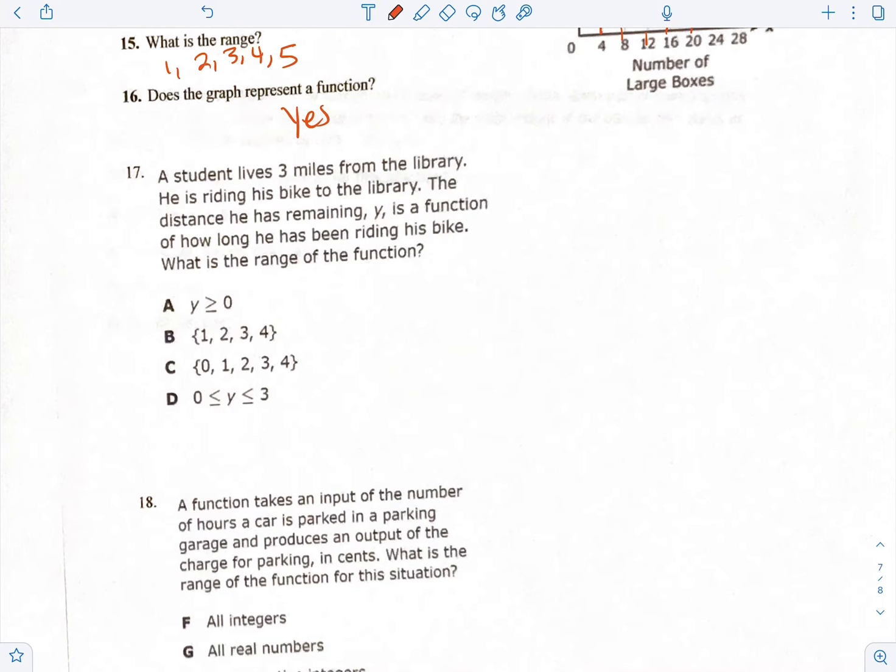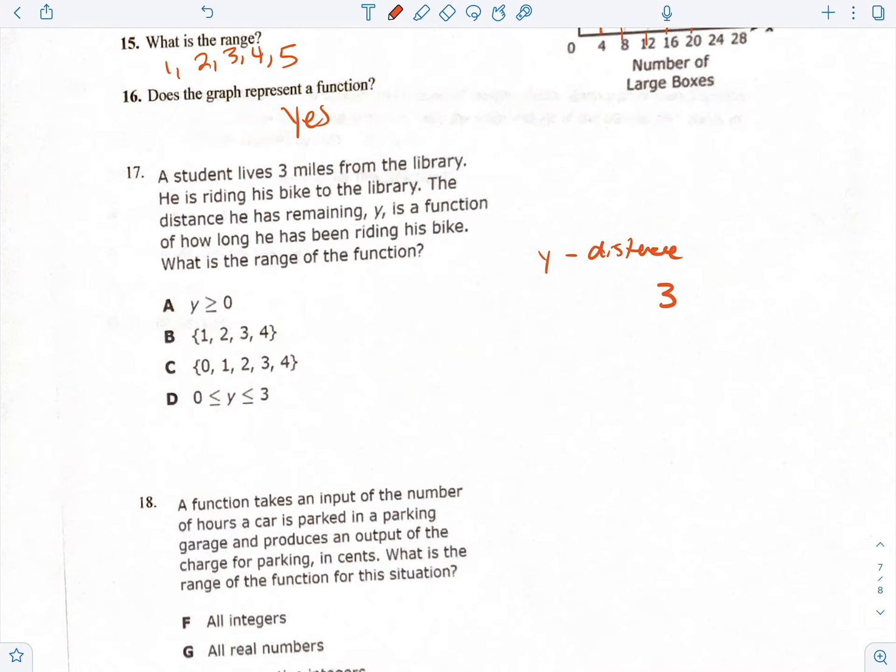All right. A student lives 3 miles from the library. He is riding his bike to the library. The distance, y, is a function of how long he has been riding his bike. All right. So y is the distance, right? 3 miles is how far he has to go, right?